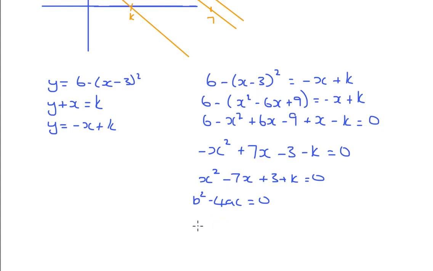So b squared is going to be minus 7 squared, minus 4 times a times c, which is 3 plus k. So 49 minus 4 lots of 3 plus k.